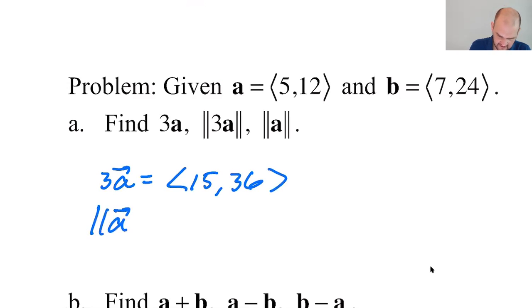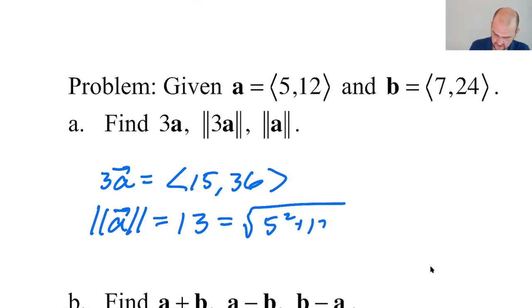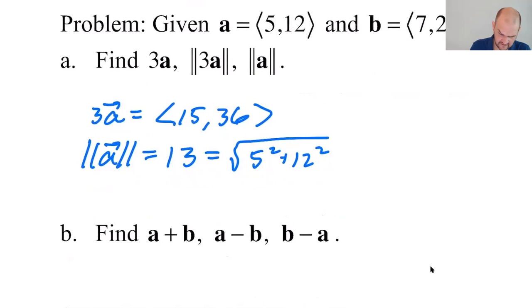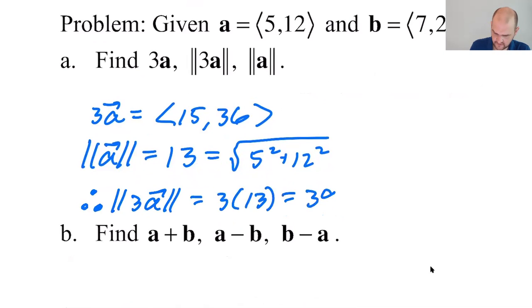The magnitude of a is 13, which is the square root of 5 squared plus 12 squared. And therefore, the magnitude of 3a is going to be 3 times that, so 3 times 13, which is 39.